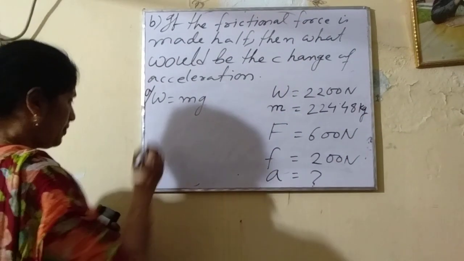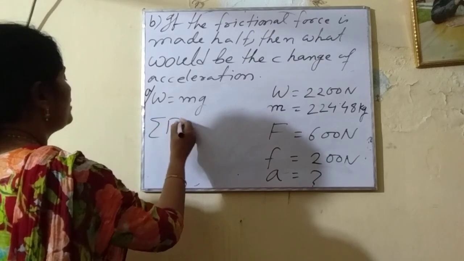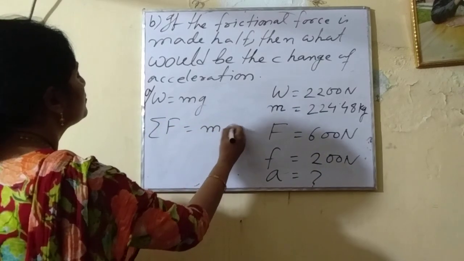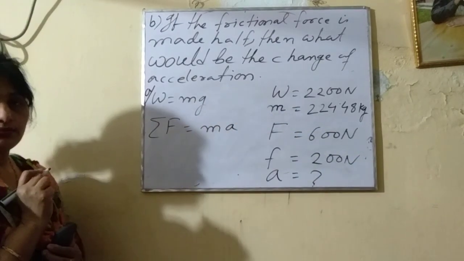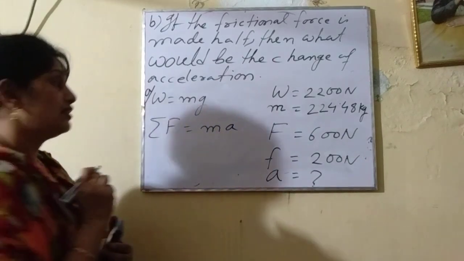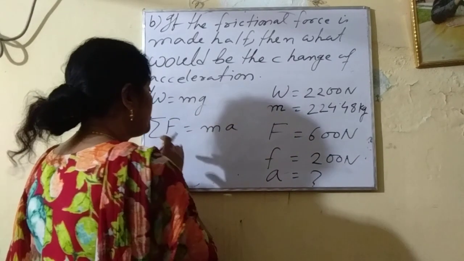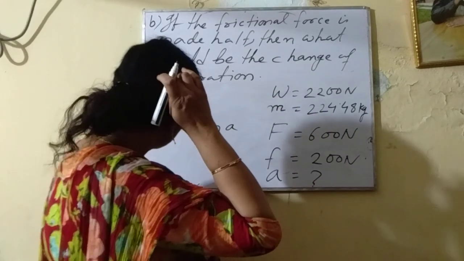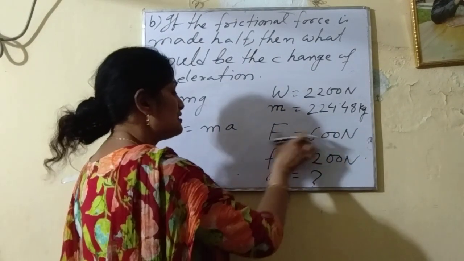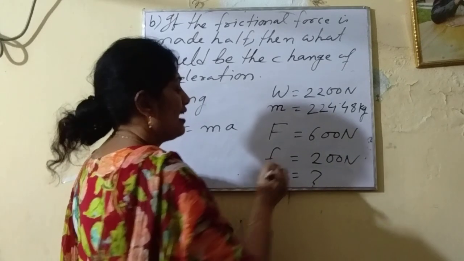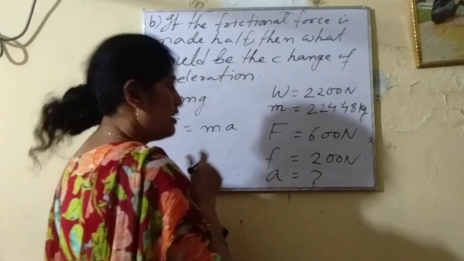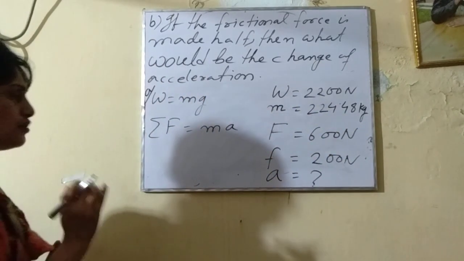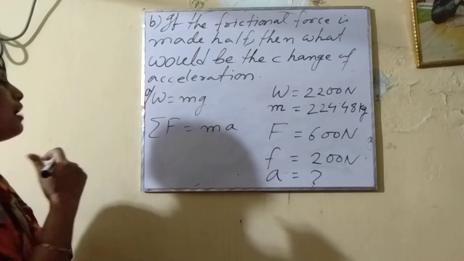Now, summation of F equal to ma. Summation of F equal to ma. I have written summation of F because two types of force are applied. One force is applied to pull the car and another force is the frictional force. And you know frictional force is always opposite to the applied force.